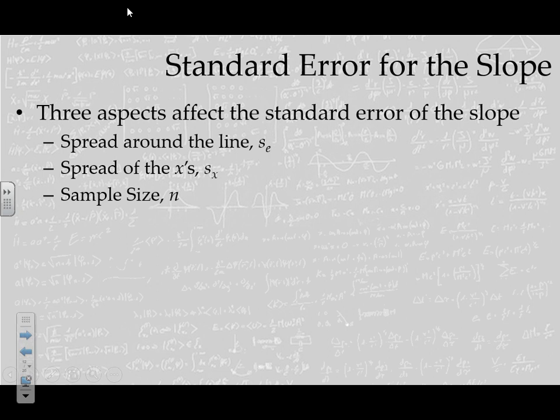So there's the standard deviation for the residuals, so the spread around the line. So this SE is the residual standard deviation. So if we looked at the distribution of the residuals, what's the standard deviation for those residuals?